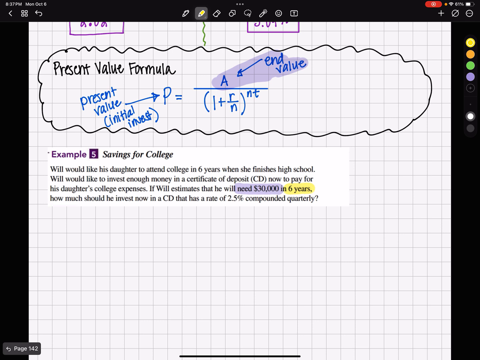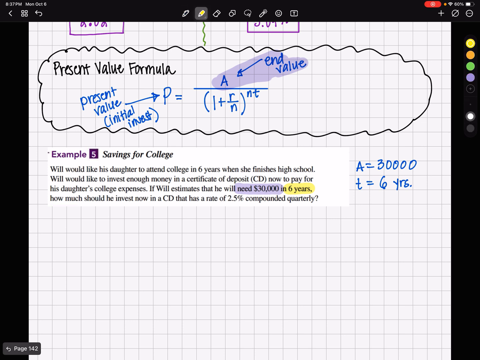He's got 6 years to save for this. So the end value is $30,000. The time is 6 years. So time will just equal 6 since we want our time measured in years and it's given to us in years.